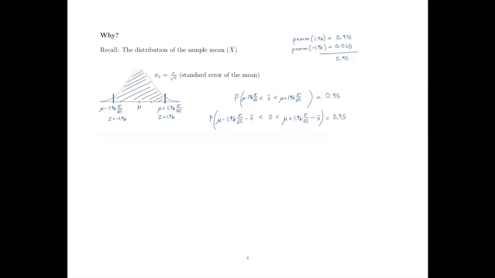Then from there I'm going to subtract mu. So I'll have negative 1.96 sigma over the square root of n minus x bar minus mu, and then positive 1.96 sigma over the square root of n minus x bar. So the probability that minus mu is in between those two values. Then from there, you can think of dividing everything by minus 1.